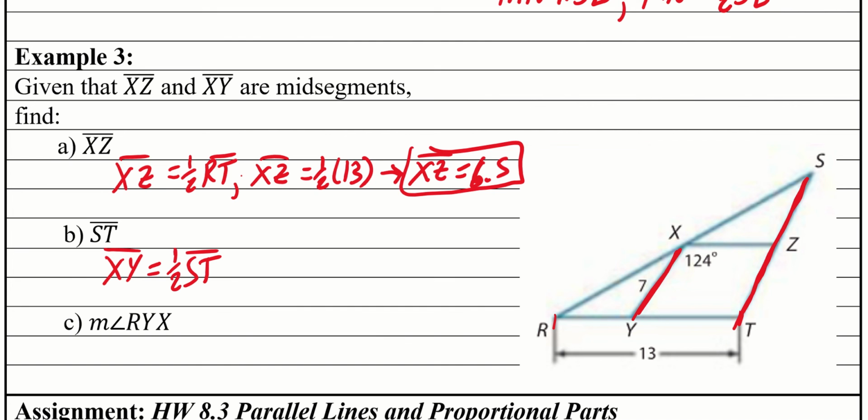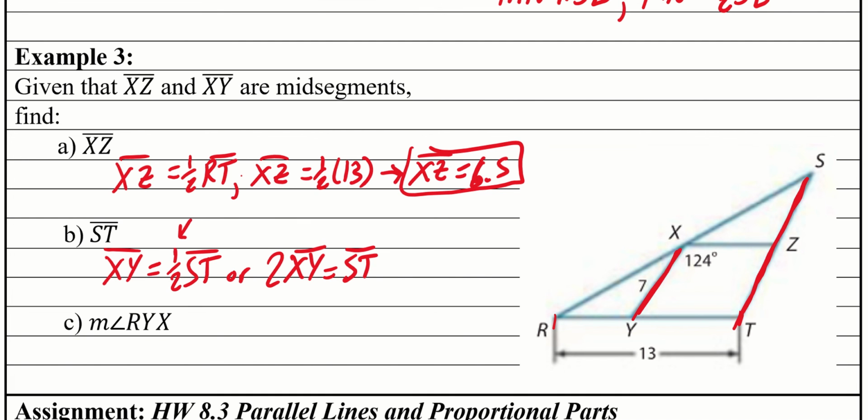Or another way to think about this, if I rearrange some things in this equation, if I wanted to get rid of the half here, I could just multiply by 2. So twice the value of XY is just going to be ST. Or in other words, ST is just going to be twice the length of XY.